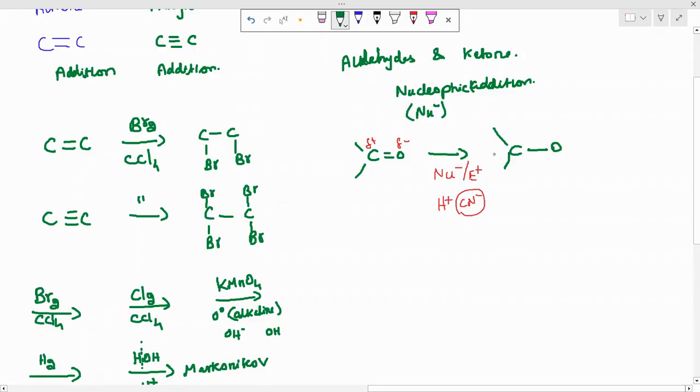O is having minus charge, it will attract that H, and C is having positive charge, it will attract that CN. Now we have the nucleophilic addition reaction, addition product. So look at this, in aldehyde and ketone, this is the only kind of reaction. You have to select positive and negative part, and you have to add based on that, O and carbon, right? Negative part will be the nucleophile.